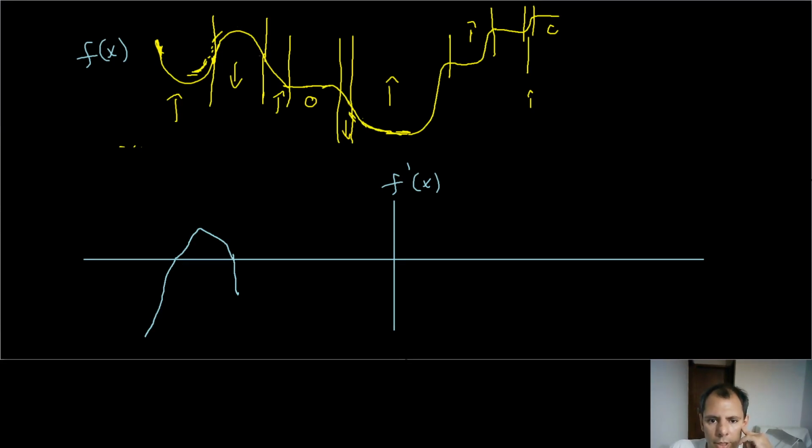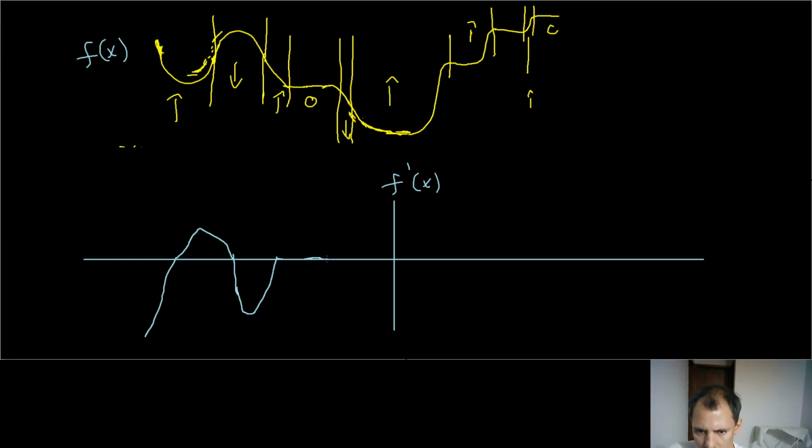The tangent here is decreasing, but at this point, kind of right here, it's going to start increasing, and by the time it reaches this, it's going to be 0 again. So this point is equivalent to this point. Now, the tangent here is always 0, so it just remains as 0 here.